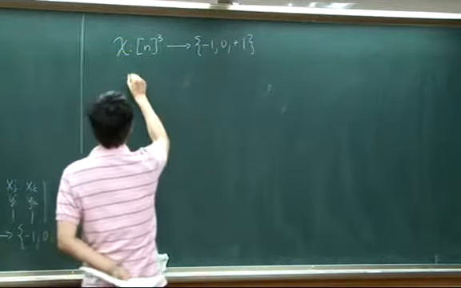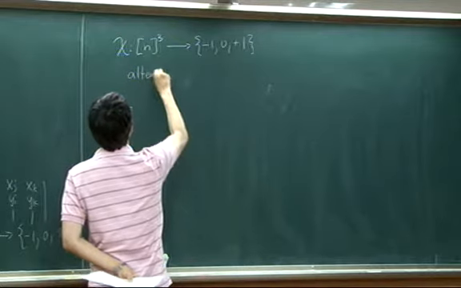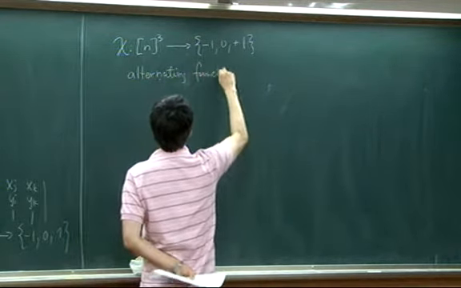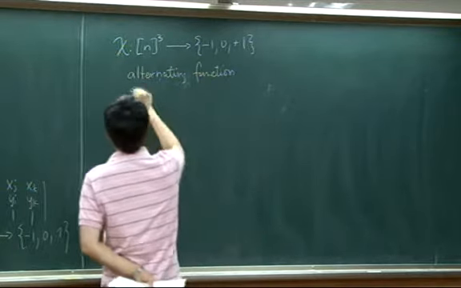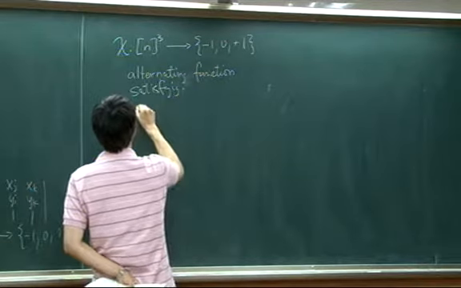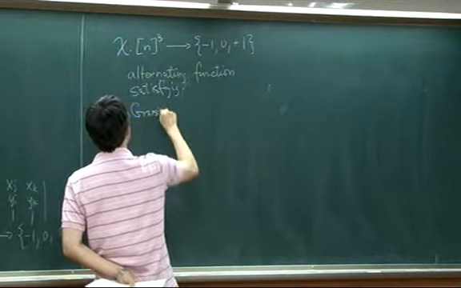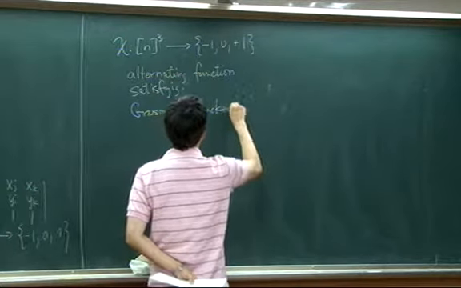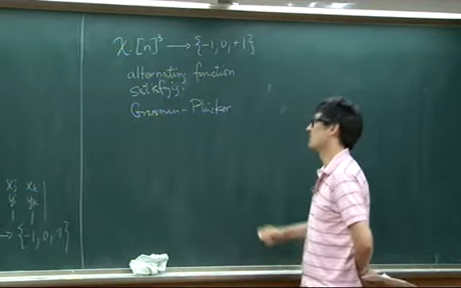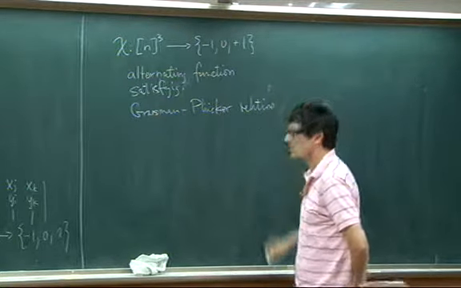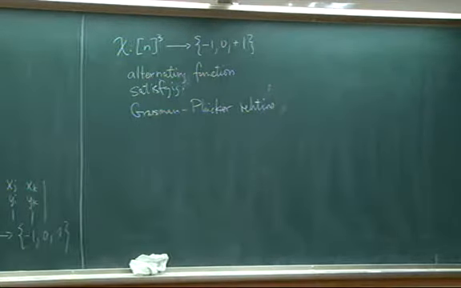So it should be an alternating function and satisfy the Grassmann-Plücker relations. I'm not going to say what those Grassmann-Plücker relations are, but that's just some combinatorial relations.